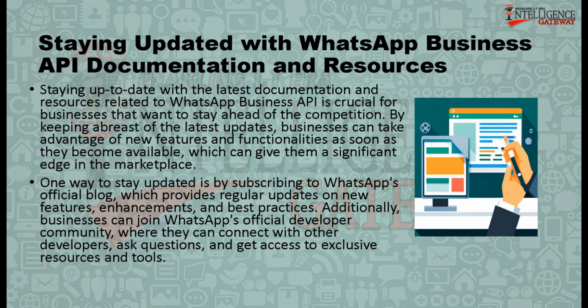One way to stay updated is by subscribing to WhatsApp's official blog, which provides regular updates on new features, enhancements, and best practices. Additionally, businesses can join WhatsApp's official developer community, where they can connect with other developers, ask questions, and get access to exclusive resources and tools.